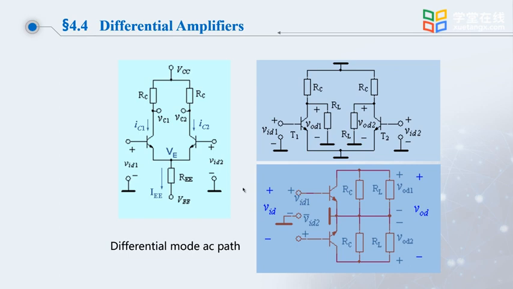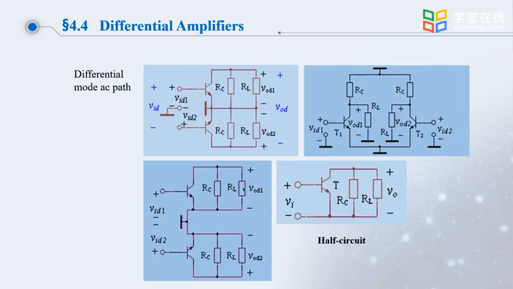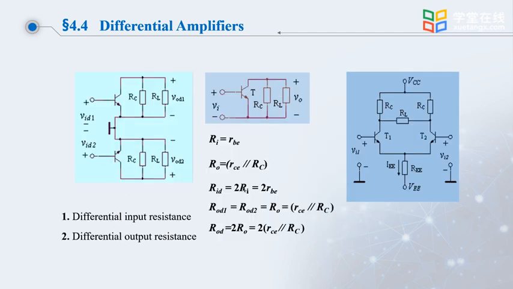The sum of the output signals VOD1 and VOD2 constitutes the output signal VOD. Because the circuit is symmetrical, we only need the performance of one of the common-emitter amplifiers to get the differential mode performance of the differential amplifier. This analysis method is usually called the half-circuit analysis method.